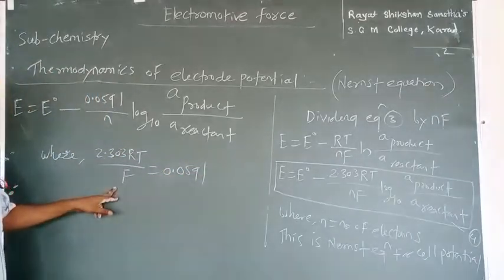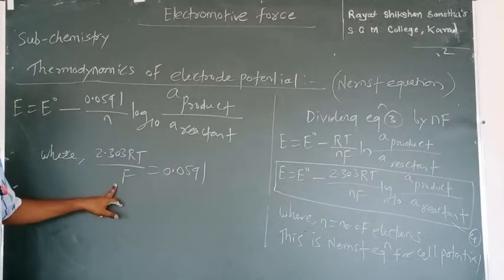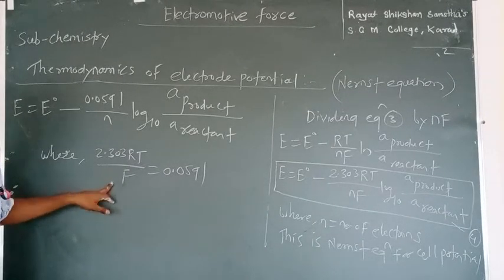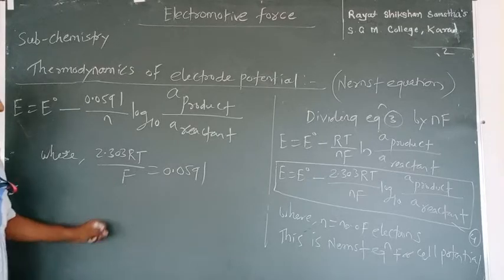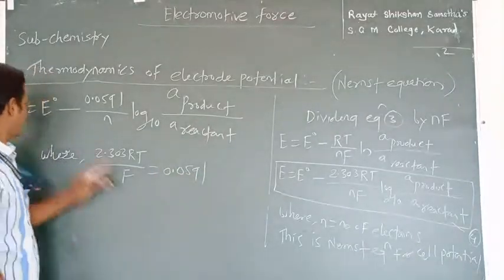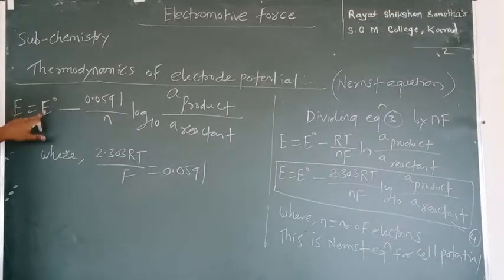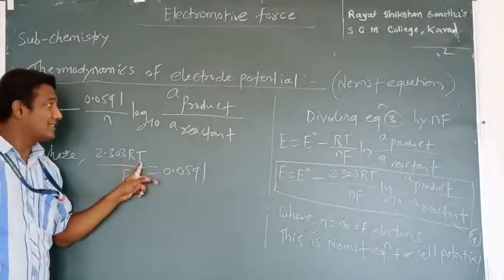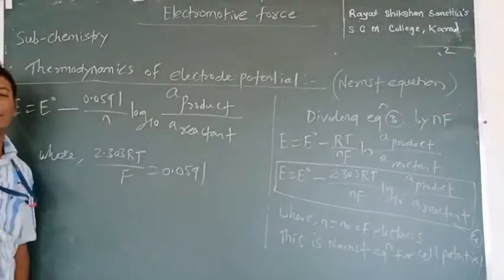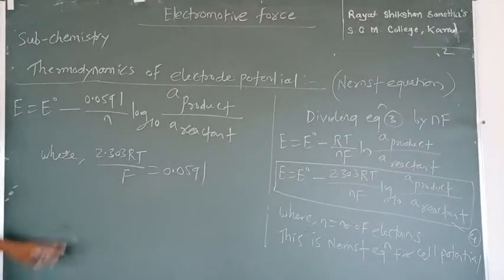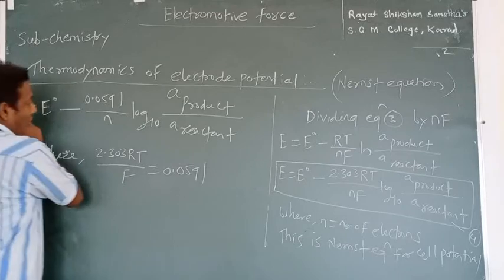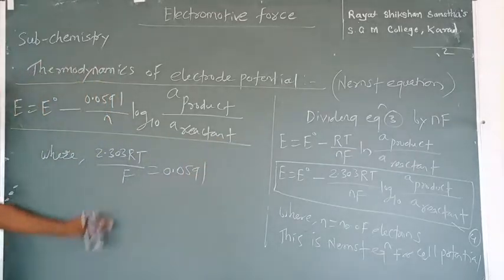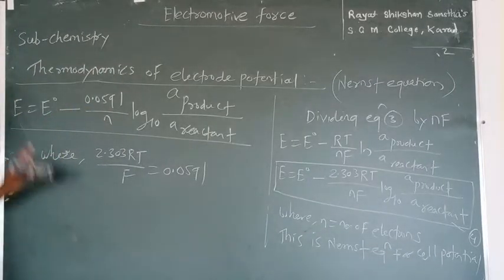F is Faraday's constant. E is the EMF of the cell. E0 is the standard EMF of the cell. n is the number of electrons. F is Faraday's constant, R is the gas constant, T is the absolute temperature. This is one form of the Nernst equation. You can call it equation 5. So this is the Nernst equation for cell potential.